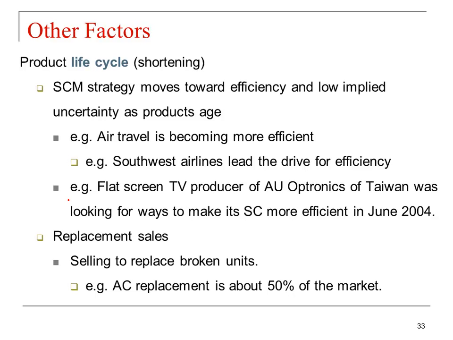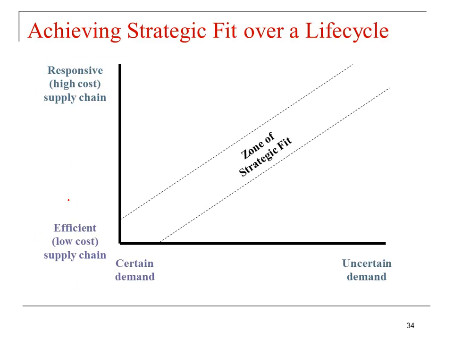AC replacement, for instance, is about 50% of the market. This also happens with cars. You replace your battery, and the battery you turn in will most likely be a new battery in the future. That type of thing is another way of improving your supply chain. Achieving a strategic fit over a life cycle.